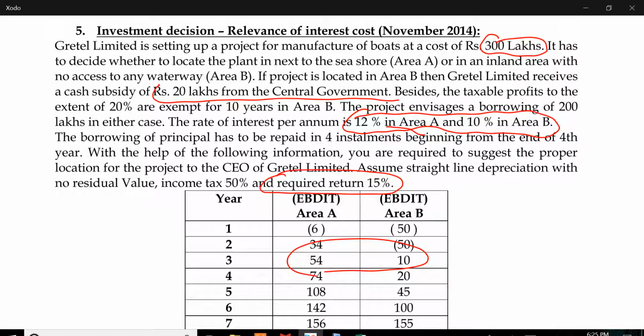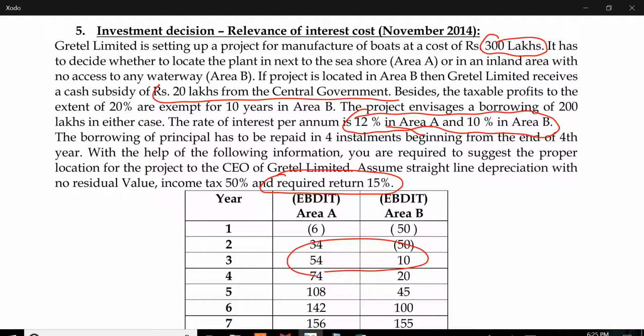So, in this problem, we are not going to ignore interest expense, we are also not going to ignore repayment of loan, we are also not going to ignore taking a new loan. So, the problem is going to be done on something called as equity shareholders angle, not long term funds angle, because financing is also one critical part in evaluating this project. The financing becomes critical. Till now we did 4 problems, nowhere we got to know what is the funding mix.